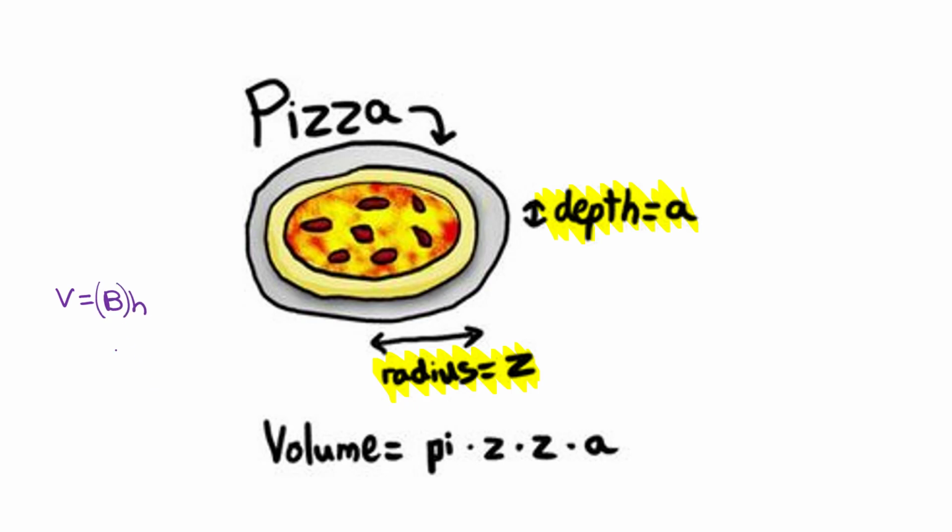Well, the base is a circle, and so a circle is going to be pi times the radius squared, times the height. So as you can see, the volume of this pizza is pi times the radius, which is Z squared, times the height, which is the depth of A, which means the volume of the pizza is pi Z squared A.